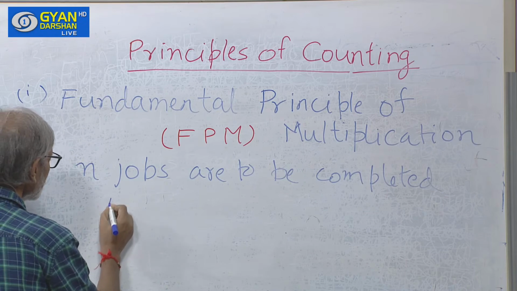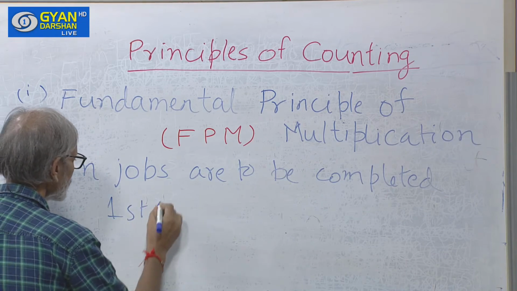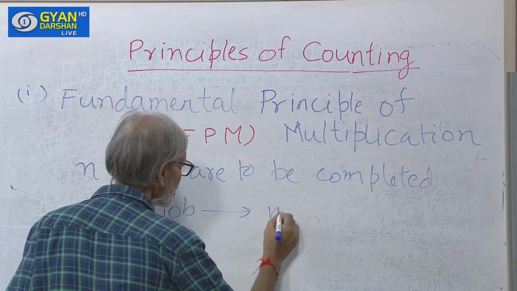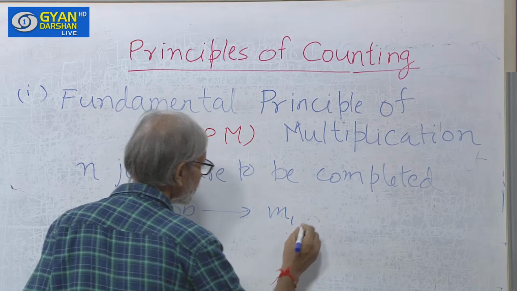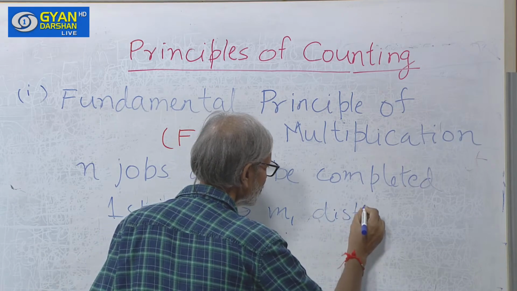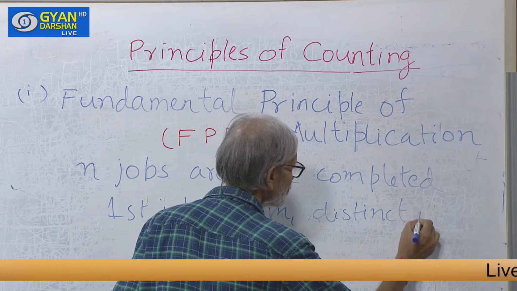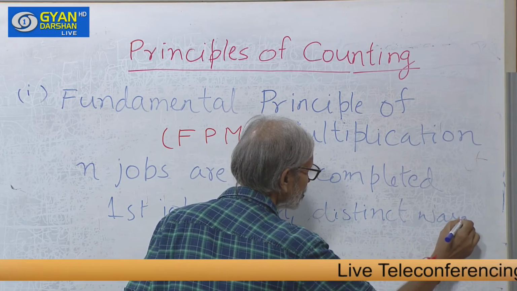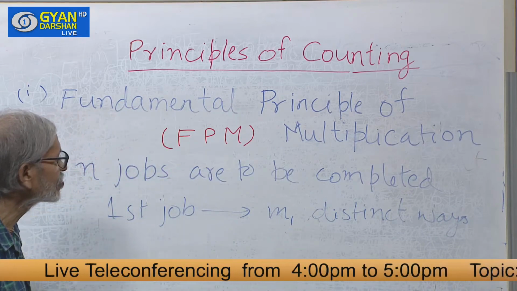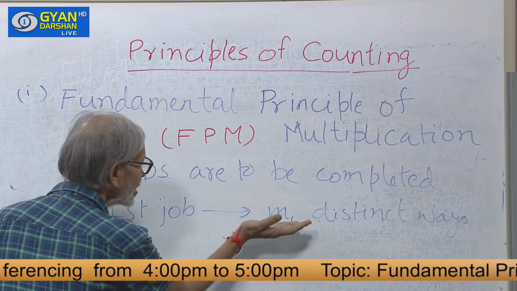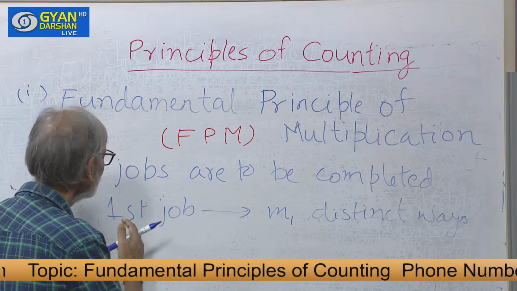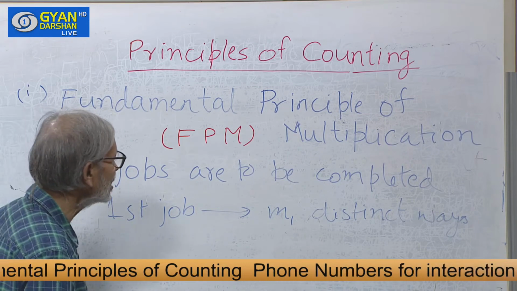Suppose the first job can be completed in m1 number of distinct ways. Distinct way means different ways. No one is common. There are m1 number of different types of ways you can complete this first job, and each one is independent.